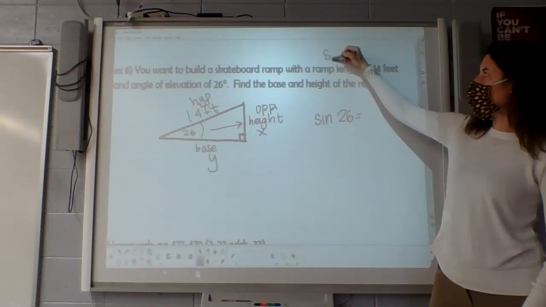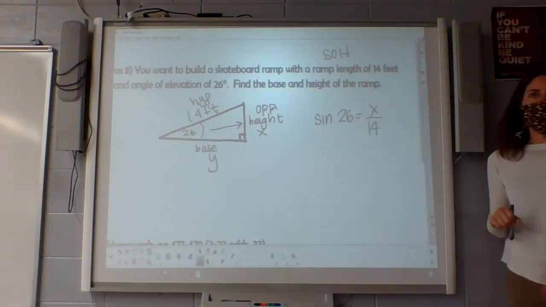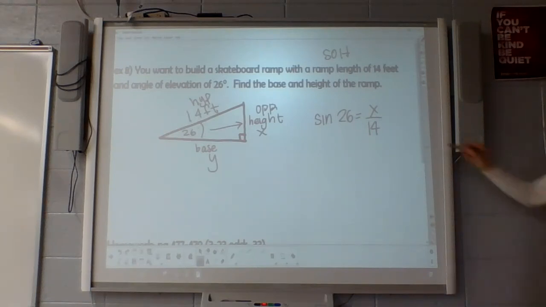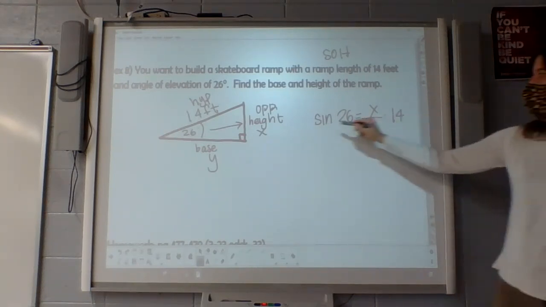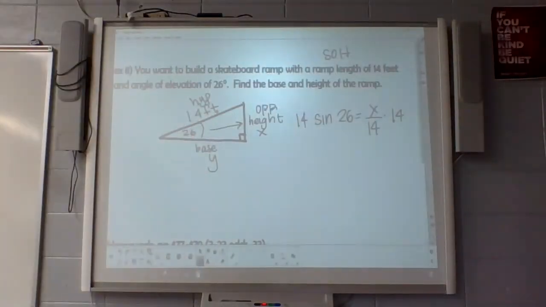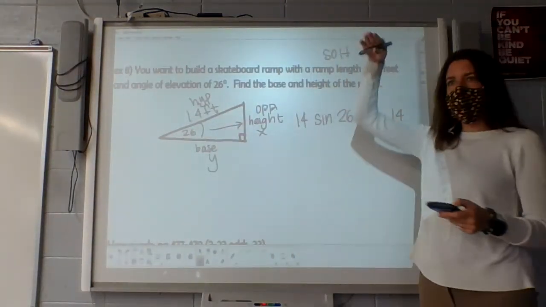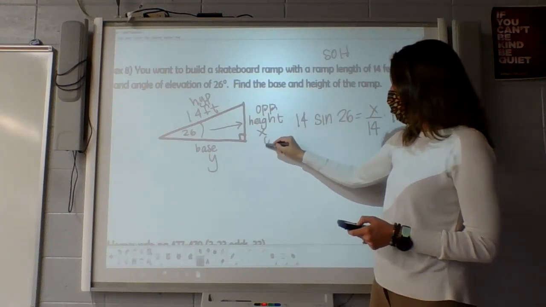So sine is O over H. So X over 14 will give me the height of our ramp. So this is 6.1 feet. So the ramp goes up to 6.1 feet.